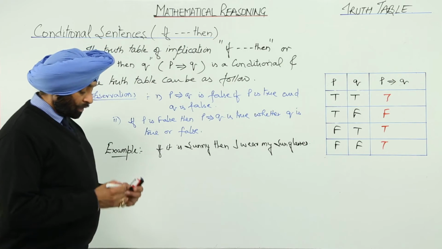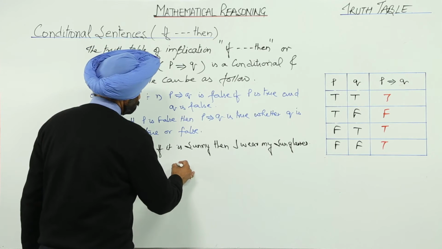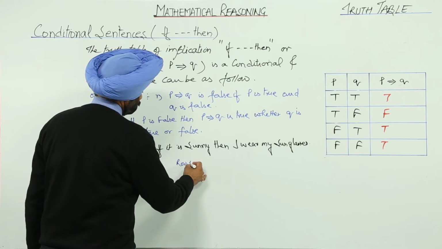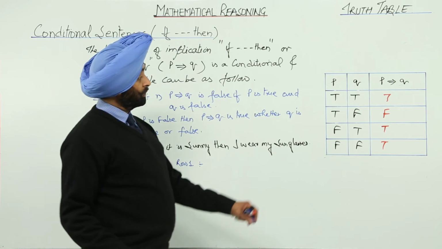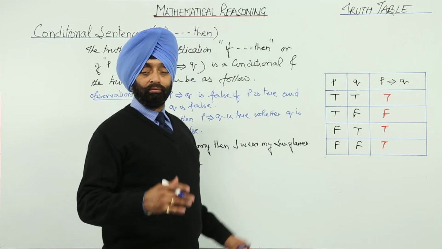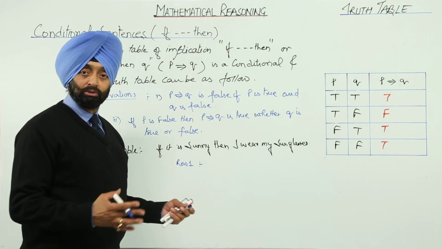Now row 1 says that if it is sunny, we assume that it is true, then I will wear my sunglasses, which is also true.